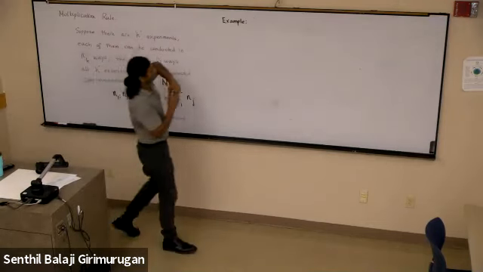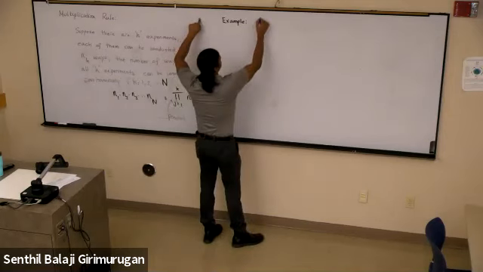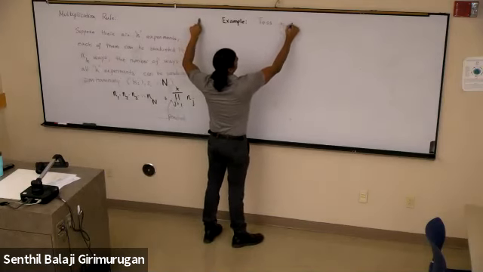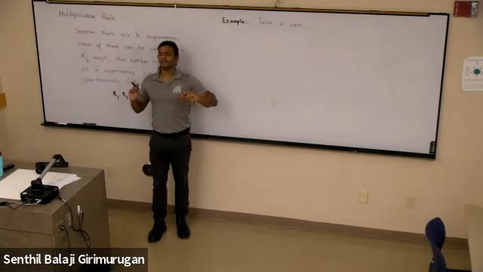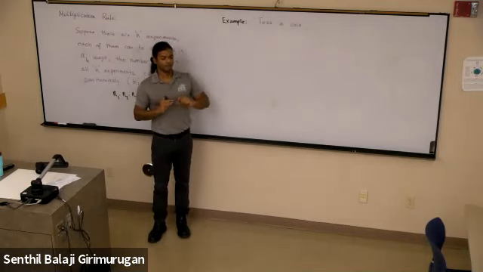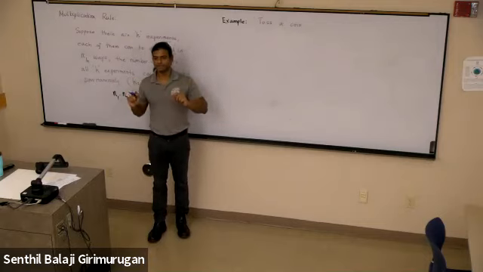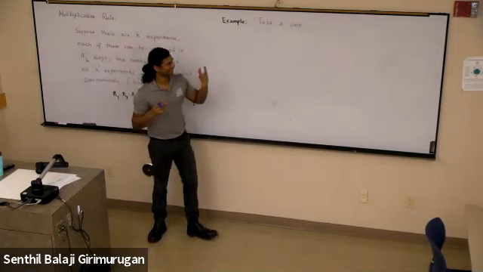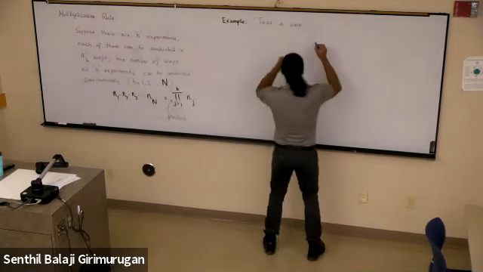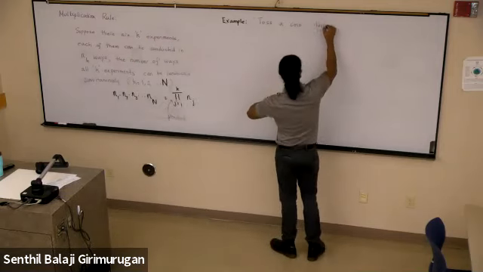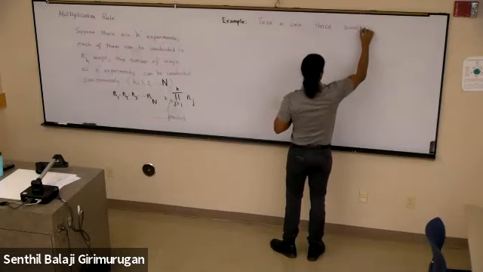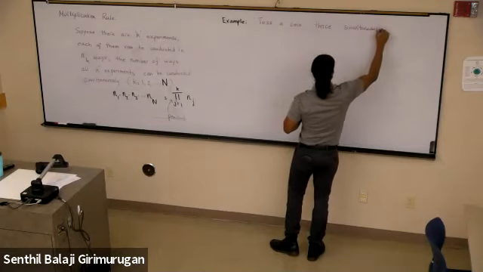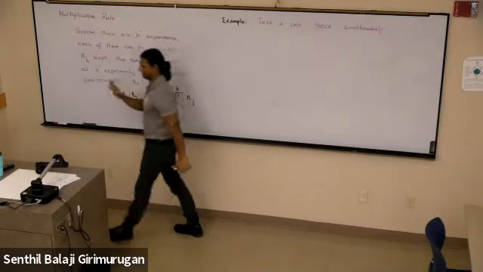So let's say we toss a coin. Give me a number between 2 and 8. 3. Toss a coin three times simultaneously.